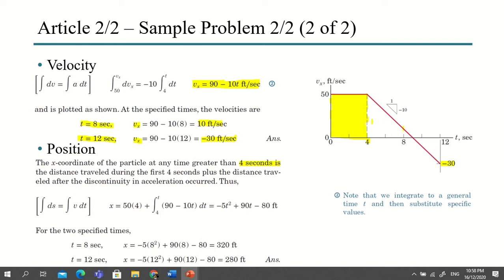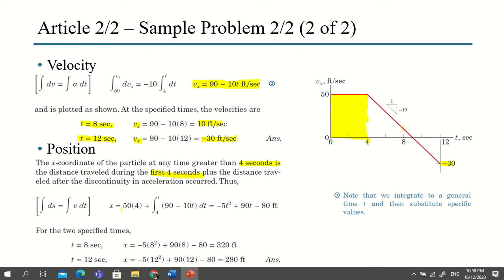That's why we have in the formula the distance traveled during the first 4 seconds, plus the distance traveled after the discontinuity in acceleration. The discontinuity of the acceleration is at this point. Beyond 4 seconds there's already a change of the velocity, and there's already a deceleration. You see here it goes down, so it means it decelerates.